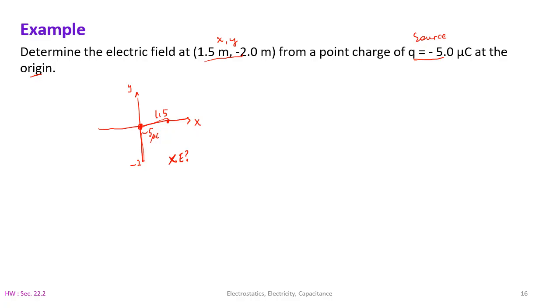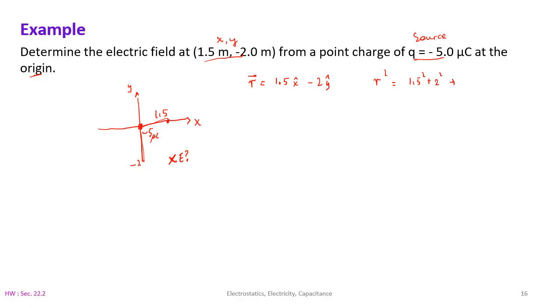Well, first of all, we've got to find the position vector, right? So the position vector is going to be 1.5 for the x component, and the y component is -2. Magnitude squared, we use Pythagoras theorem. That's going to be 1.5 squared plus 2 squared.